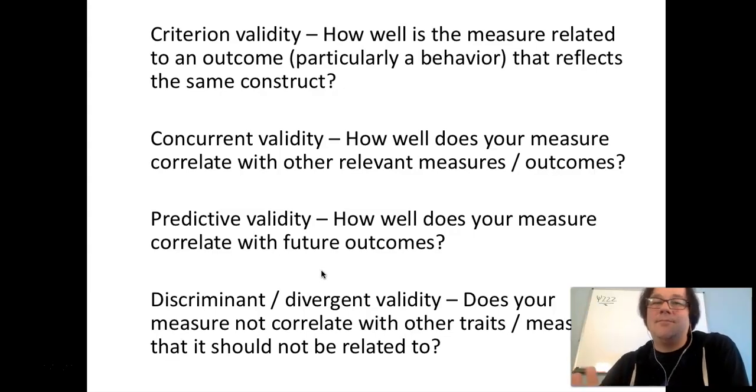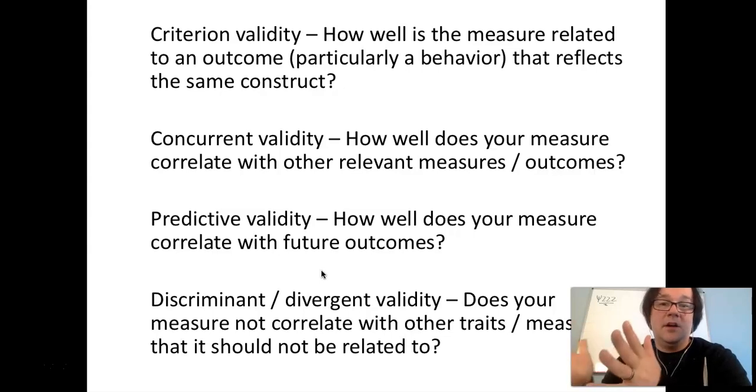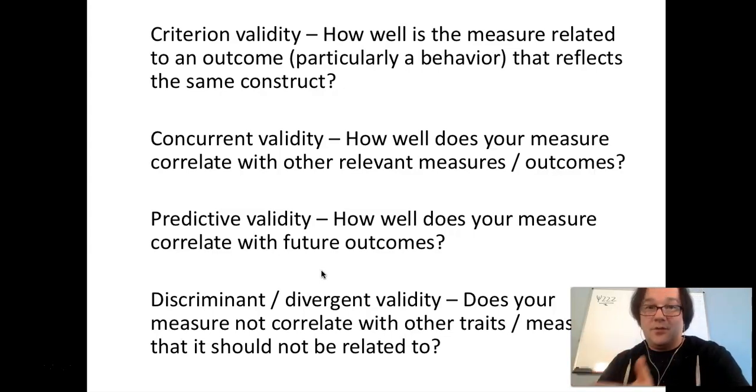So it's very similar to criterion validity. Discriminant or divergent validity. This is the opposite of concurrent validity. So this is, does our measure not correlate with some other traits or measures or behaviors that it shouldn't correlate with, right?